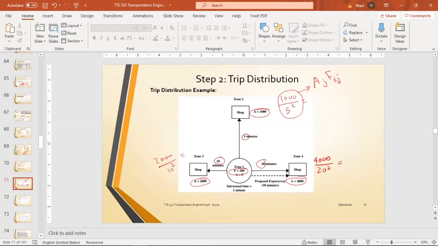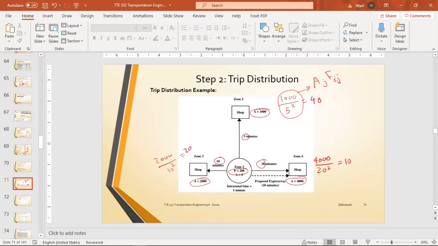Zone 2, 40. Zone 3, 20. Zone 4, 10. Correct?